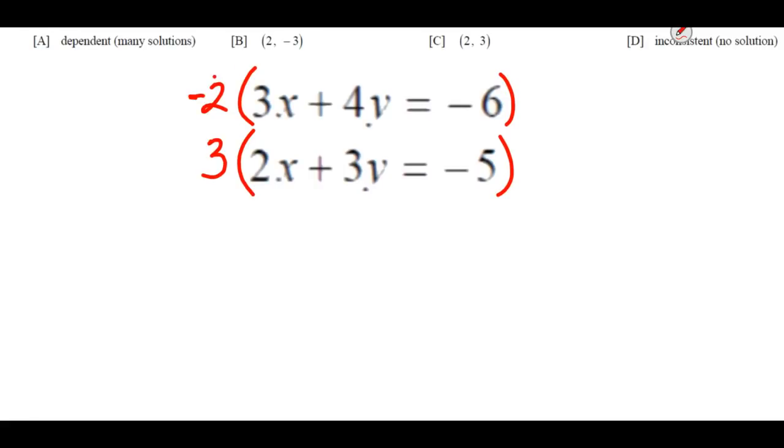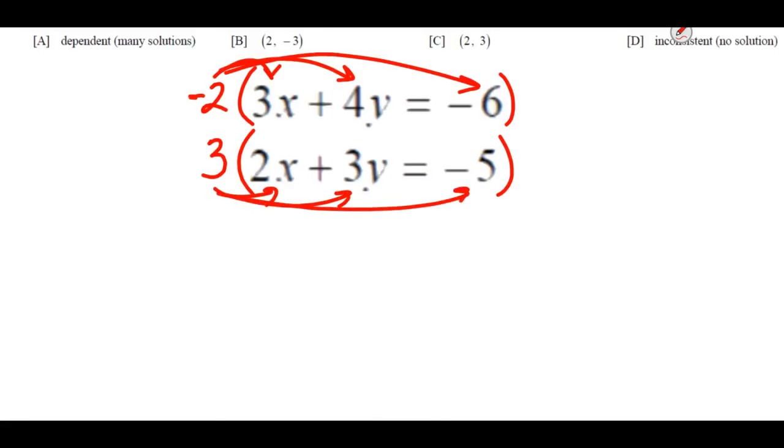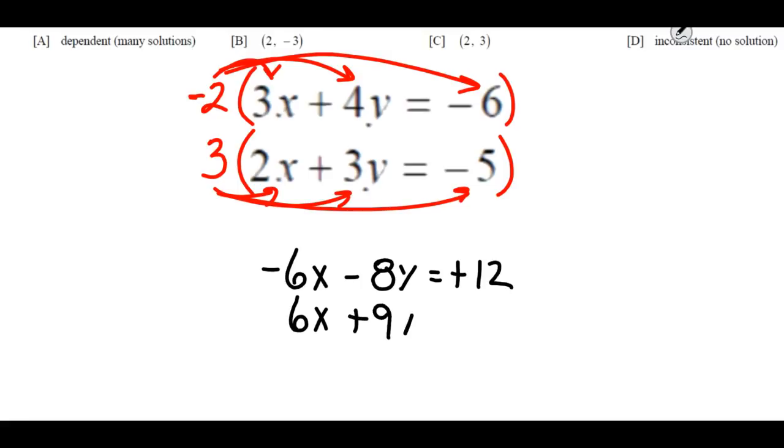So when I distribute, I'm going to distribute it through each part of this. So my new equations are, I have a -6x, a -8y, and a +12. For my second equation, I have a +6, a +9, and a -15.